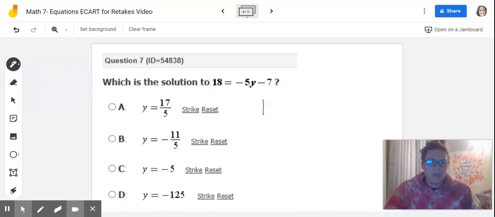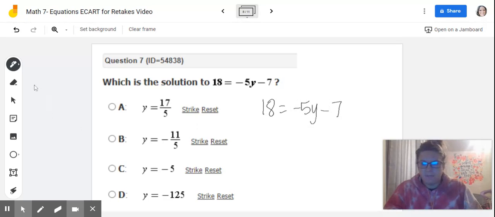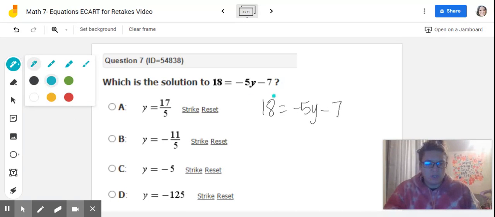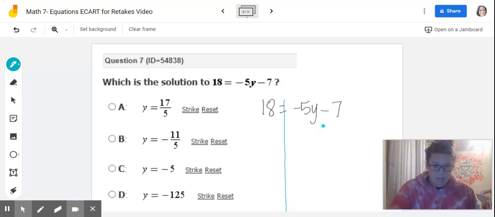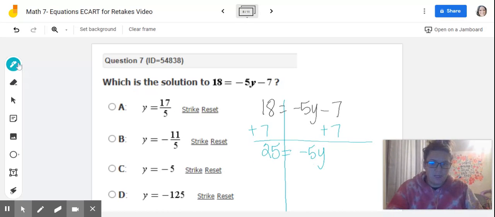Okay, so 18 equals negative 5 times y minus 7. So I'm going to get rid of the minus 7 first by adding 7 on both sides. And that equals 25 on this side and negative 5 times y on this side. Don't forget the negative in front. That's the biggest thing.